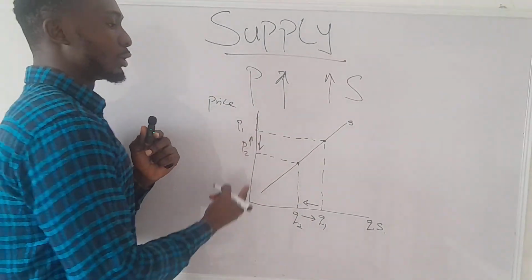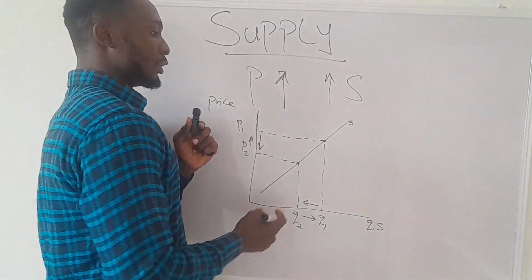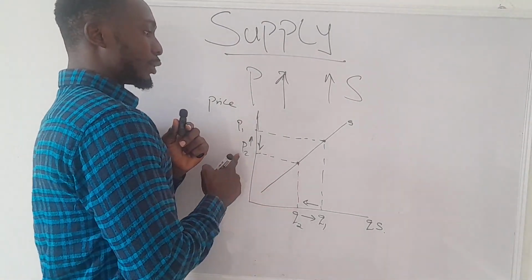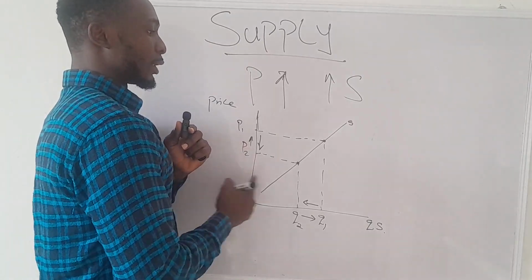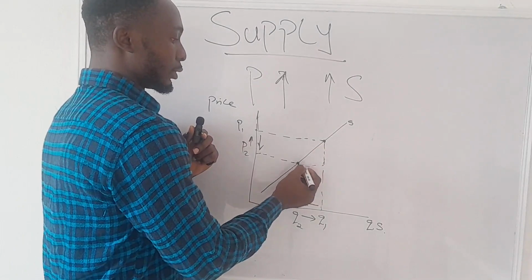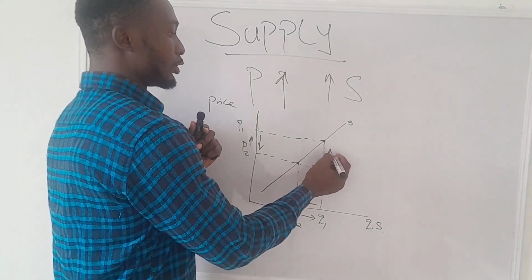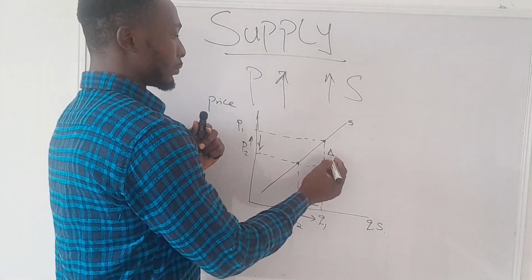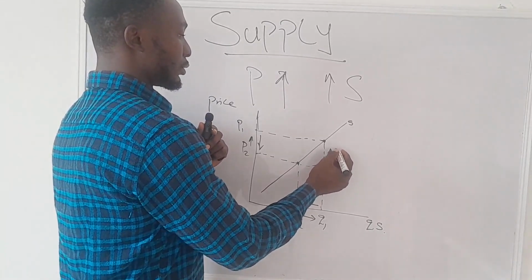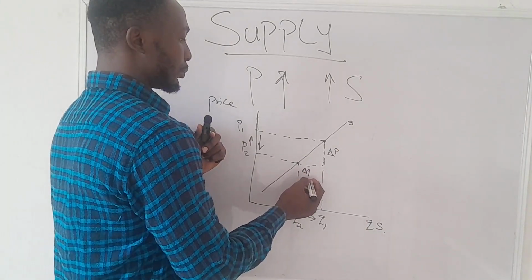So what the supply curve is telling us is that there's a positive relationship between supply and price. So it has a positive slope. The slope is positive because with the slope we're referring to the change in price, which is bringing about a change in quantity supplied.